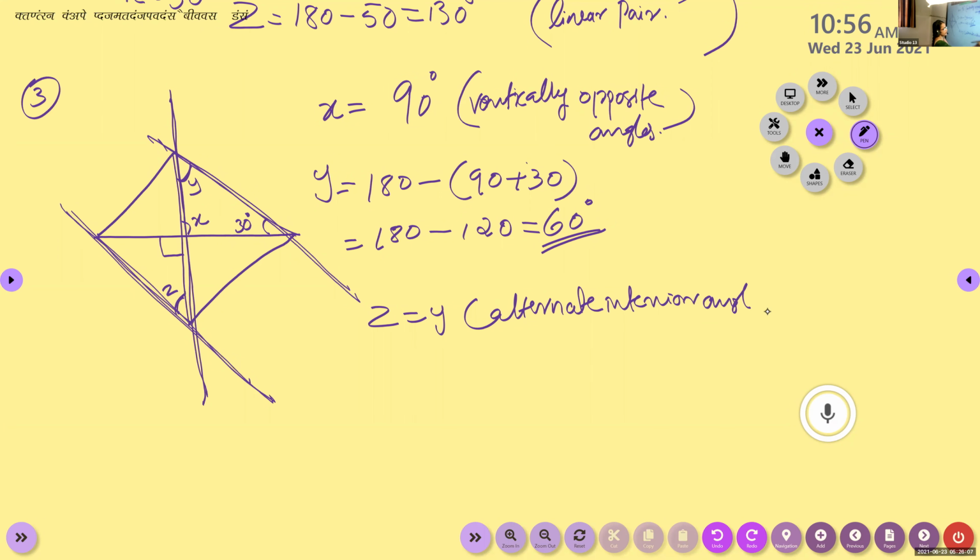So z equals 60 degrees. If you need any clarification, put dotted lines extending these two sides and the transversal also. Then you will understand. Then z and y will be alternate interior angles. Is it clear, Hiba?